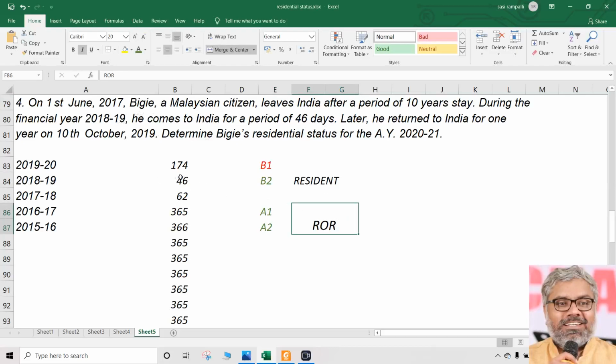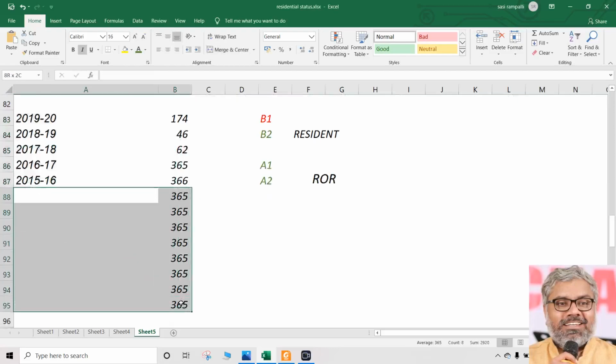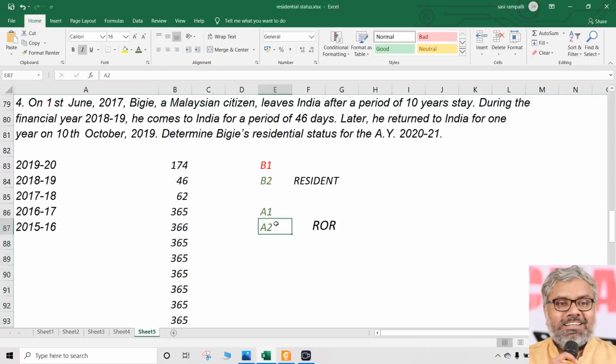That can be a 2 marks question or 3 marks question, where we have to find out residential status by really calculating the number of days for each year. This much at least you have to do. After that you don't need to waste time, because it is very clear that he stayed for more than 730 days during the 7 years. It is very clear that he is resident for more than 2 years during the 10 years immediately preceding the previous year.